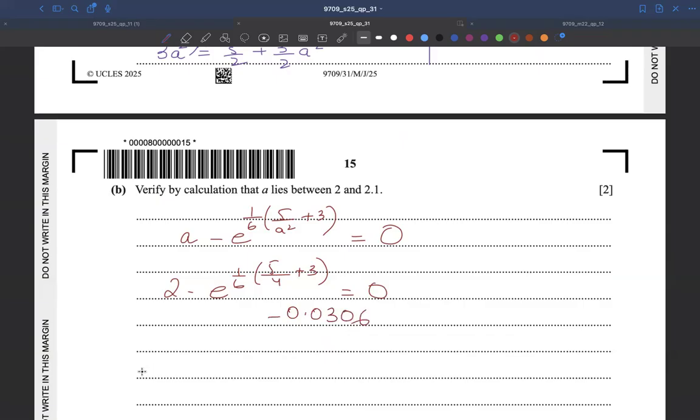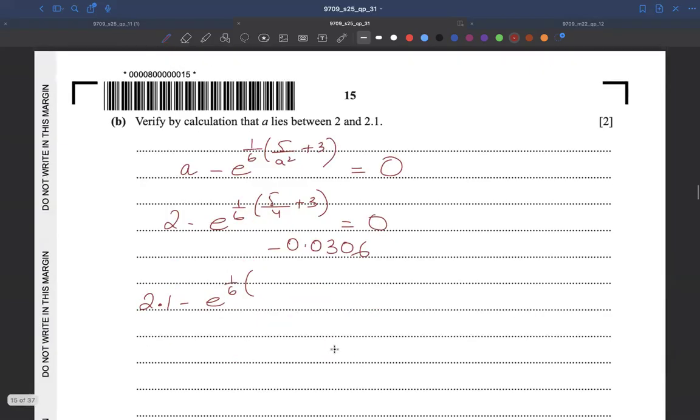And then substituting 2.1, you get 2.1 minus e to the power of 1 upon 6 into 5 divided by 2.1 squared, plus 3, then the exponential answer over here, and then 2.1 minus the answer, we get 0.108.